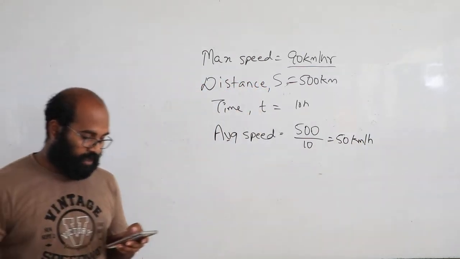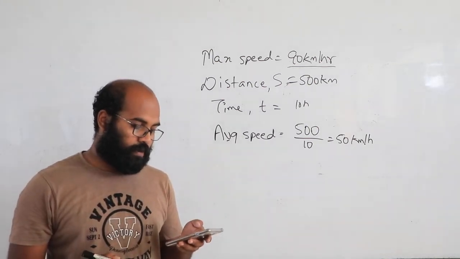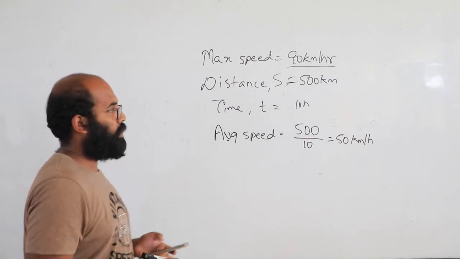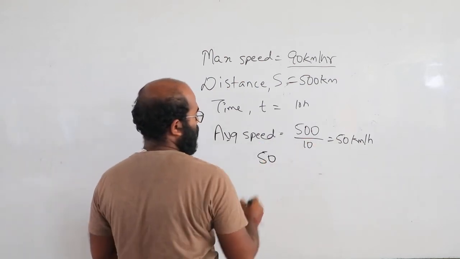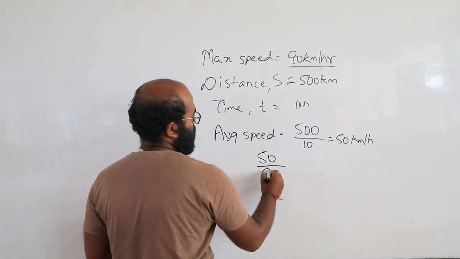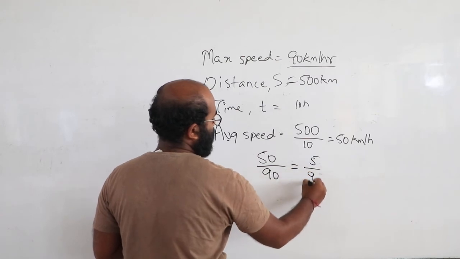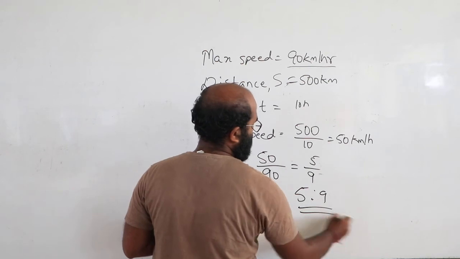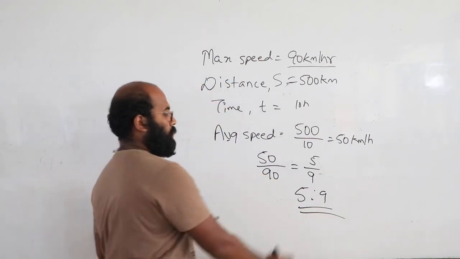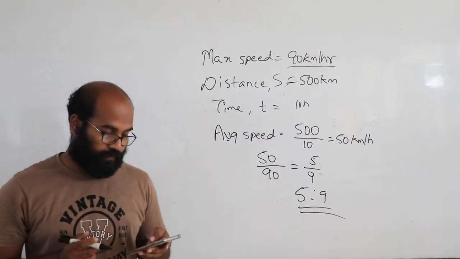Find the ratio of average speed to maximum speed. Average speed, that is 50, maximum speed, that is 90. So the ratio is 5/9 or 5:9. Since they have asked for a ratio, 5:9 is the ratio.